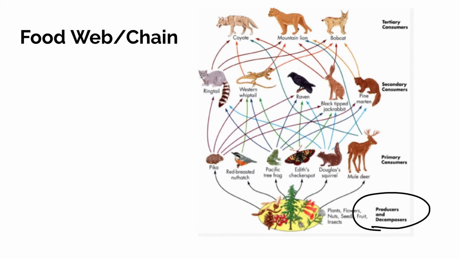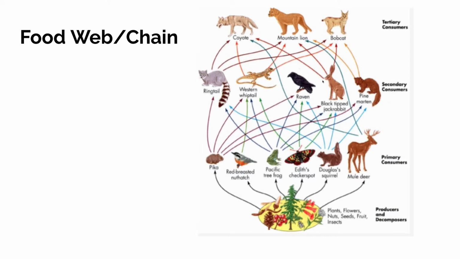Now, what if in this area all of the mountain lions were eliminated? What would happen? Well, look to see what goes to a mountain lion. Jackrabbit. Well, if there's no mountain lions around, guess what? That jackrabbit population is going to go sky high. And this is the problem that we're seeing in certain areas.